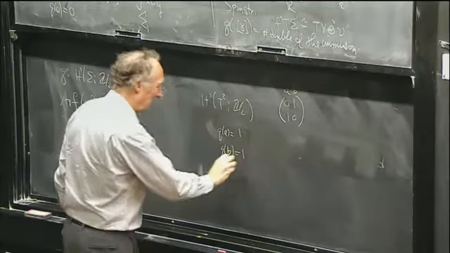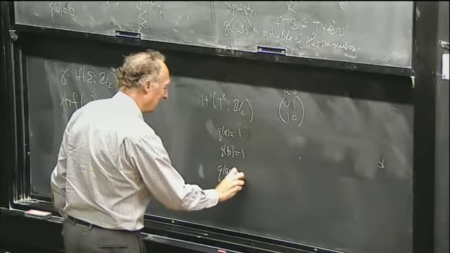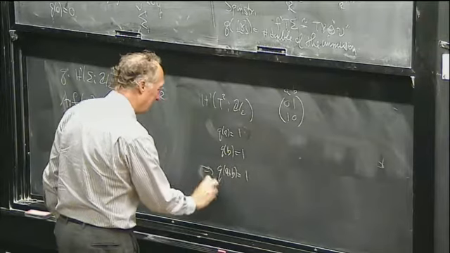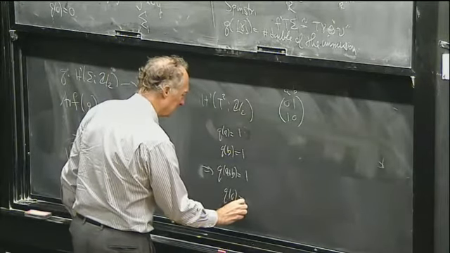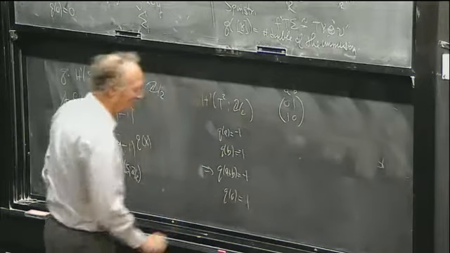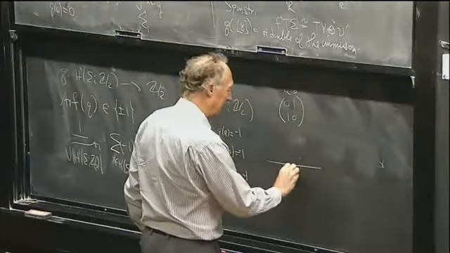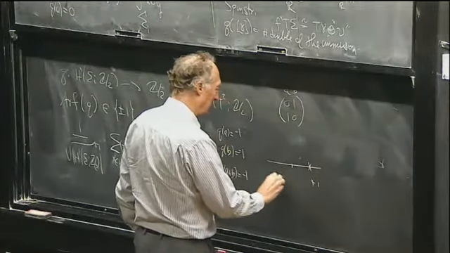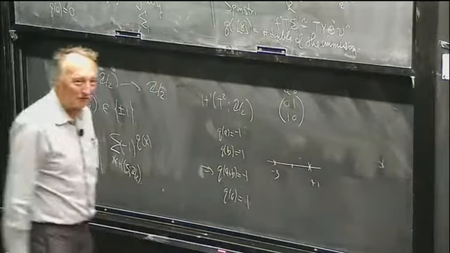Let's say Q of B is plus 1. Then Q of A plus B is also plus 1. And Q of 0 is plus 1. So in that case, we'd get 1 vote at plus 1 and 3 votes at minus 1, for a total of minus 2.